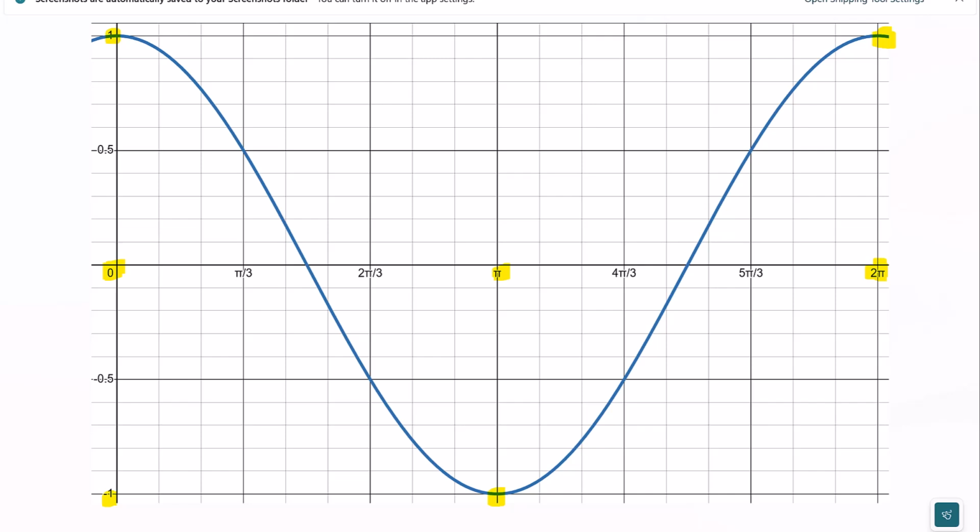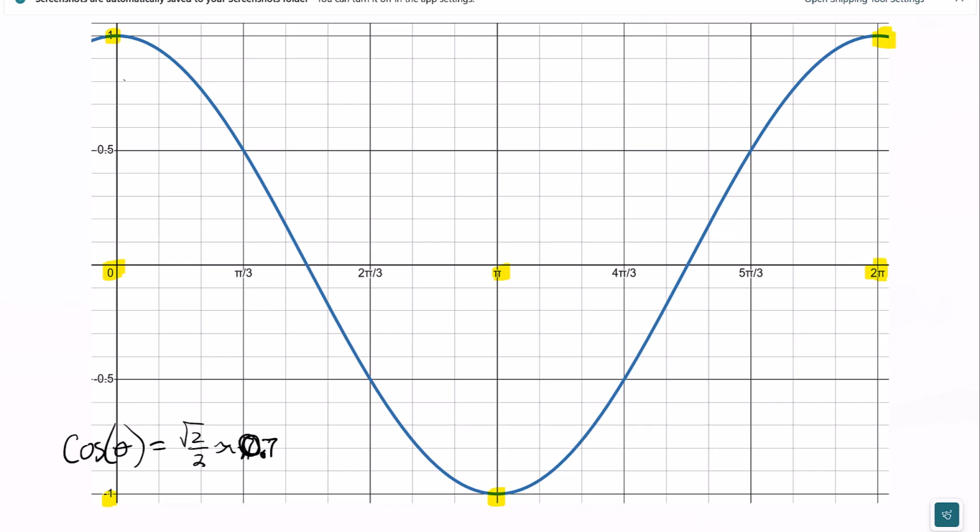All right, so when it was asking, where is cosine the height of root 2 over 2? That's about 0.7.